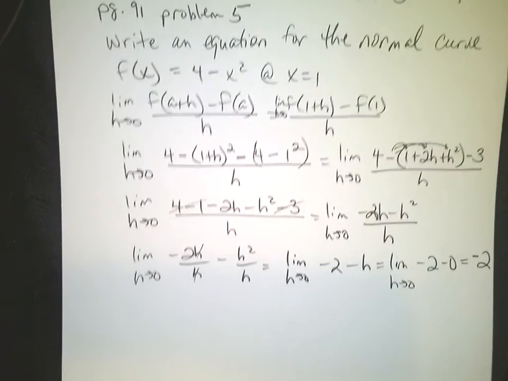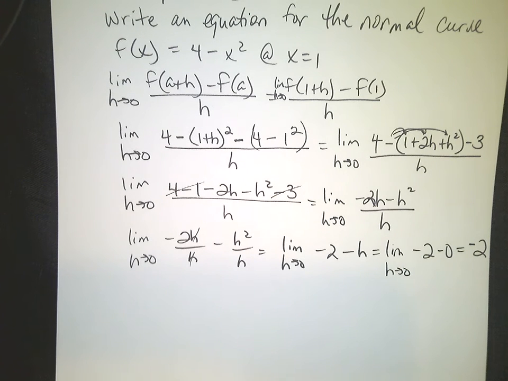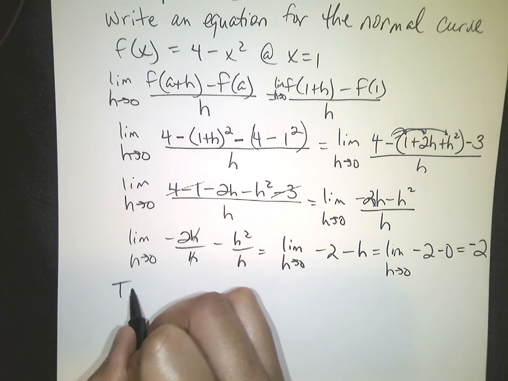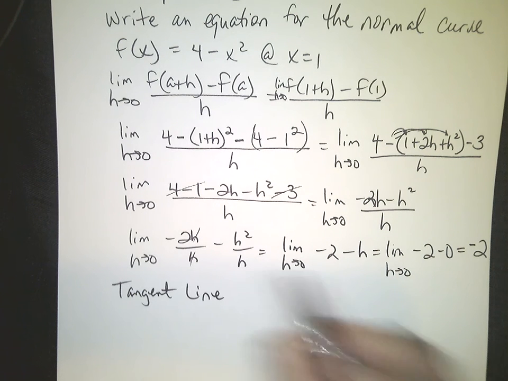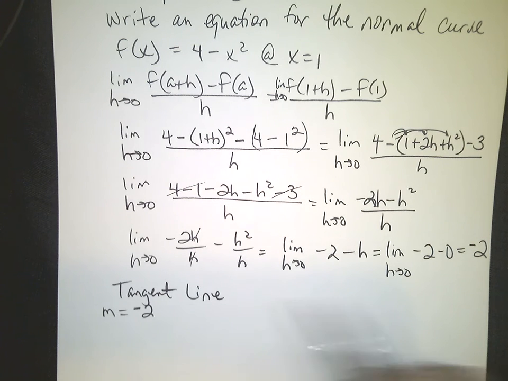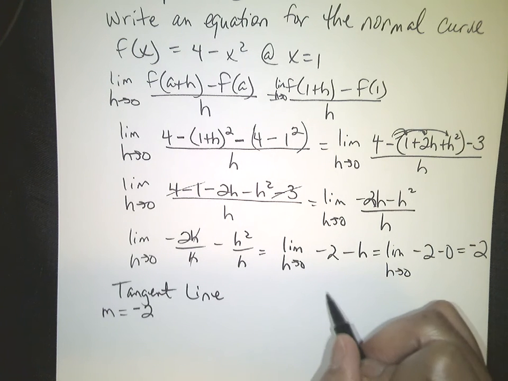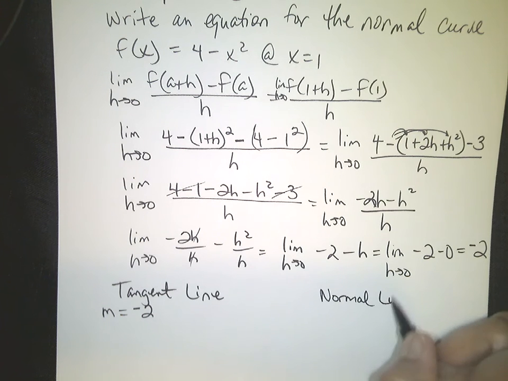And what is this? This is our parallel slope, right? So it didn't ask us, but it won't hurt. If we were to write our tangent line, we would use m equals -2. But they asked for a normal line.